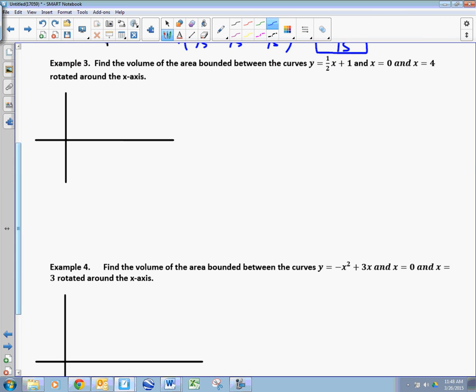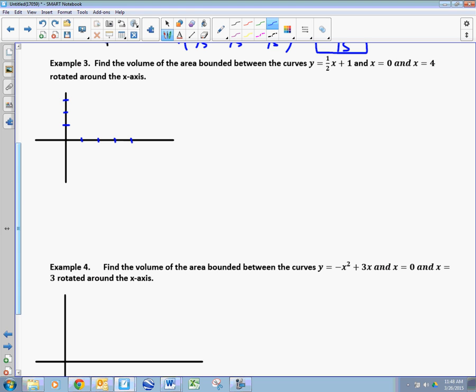Another one. Find the volume of the area bounded between y equals x plus 1, 1 half x plus 1, and x equals 0, x equals 4. So 1 half x plus 1, slope of a half. So it goes all the way up to, at 4, what would it have a value of?